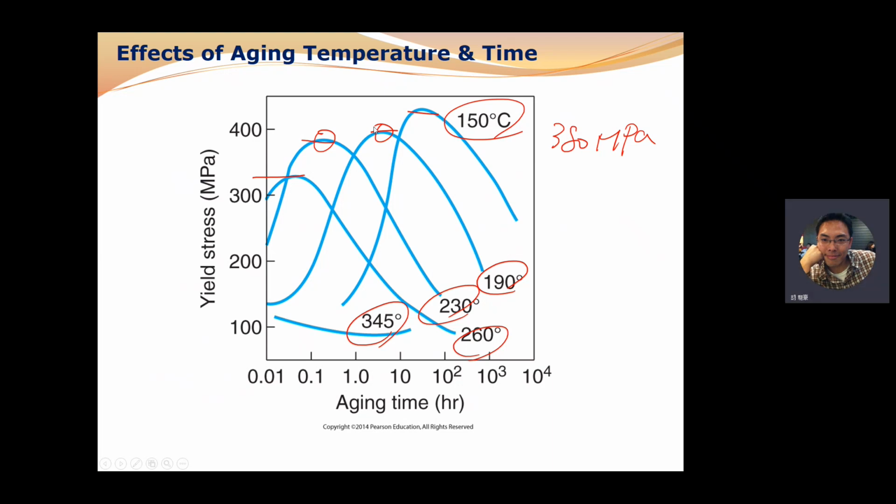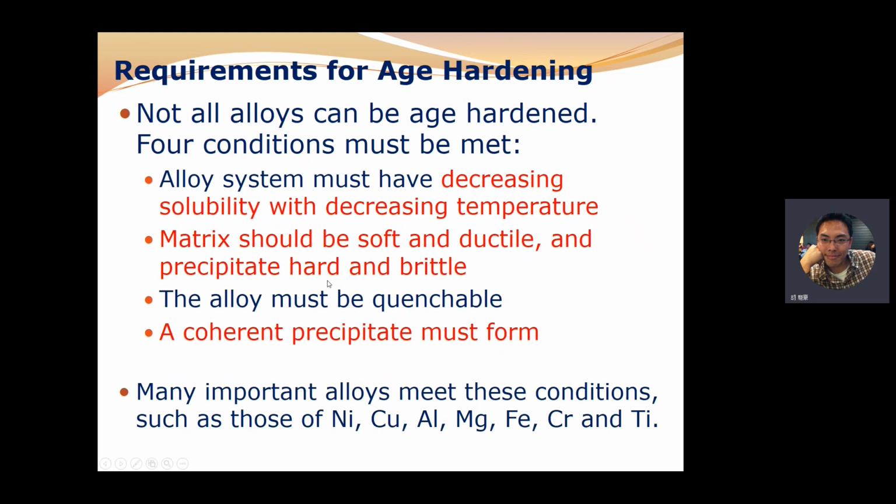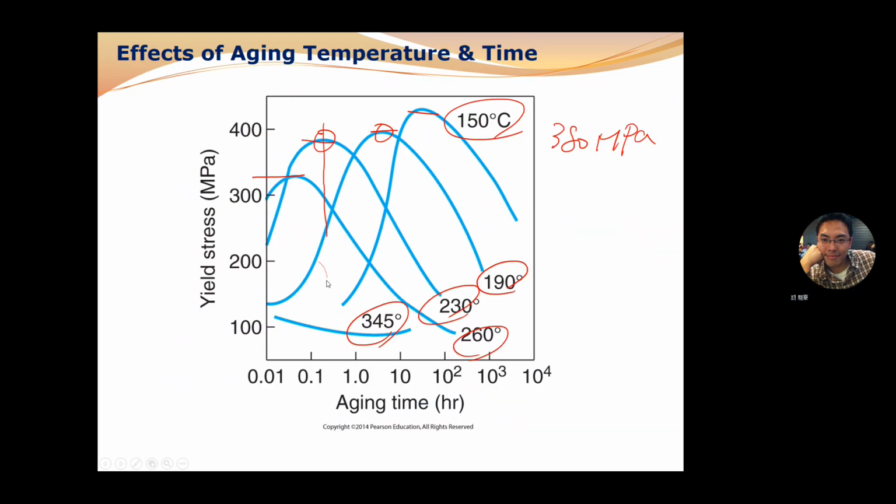For the temperature of 230, its aging time is about 0.2 or 0.3 hours. However, for the temperature of 190, its aging time is almost 10 hours. You can see the huge difference.